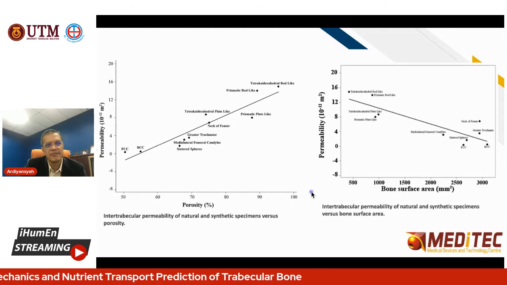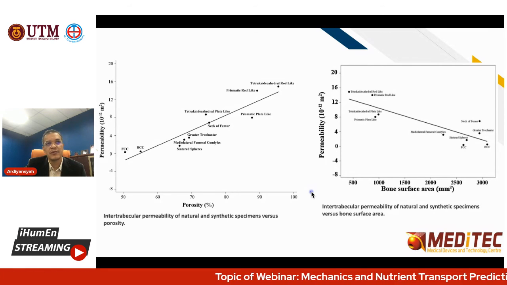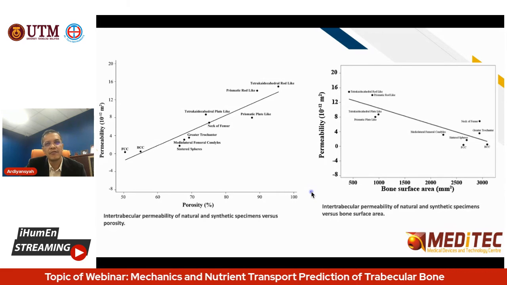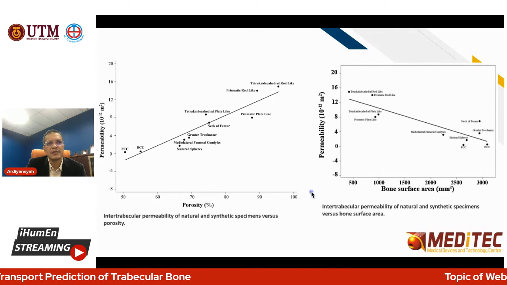Permeability is the main factor to consider for nutrient transport. If you have higher permeability, it means the flow is fast, so there is no time for your bone to absorb the nutrient.